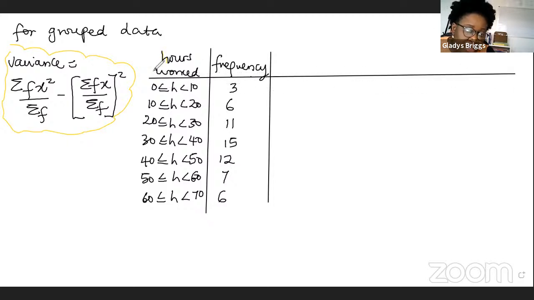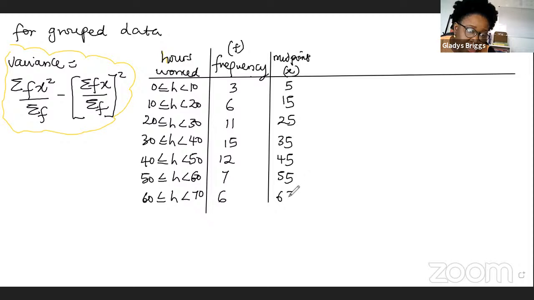Now the first thing you want to work out is the midpoints, which is x, and this is f, the frequency. Here it will be 5, 15, 25, 35, 45, 55, and 65.